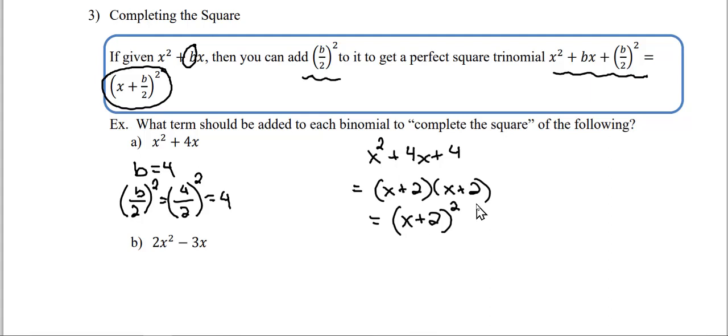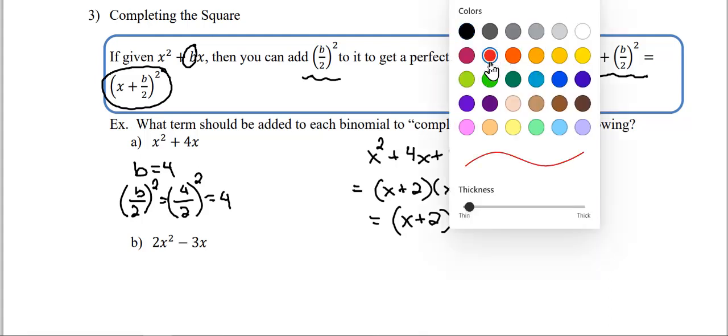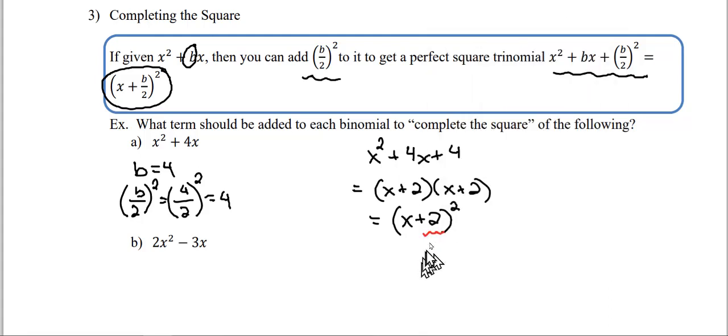Okay? One thing I want you to note is that this 2 right here is the b over 2, this guy, before you square it.